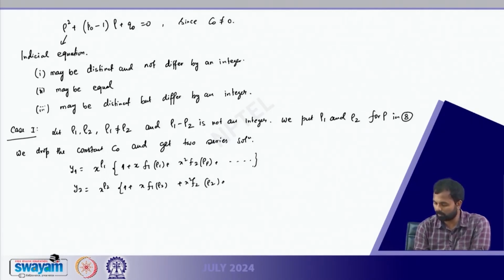This is from equation number 8 from the previous class, and therefore the general solution is y equals a y1 plus b y2, where a and b are arbitrary constants.